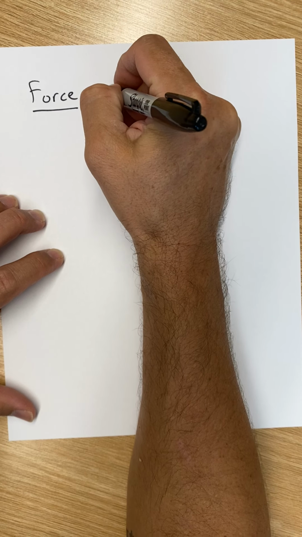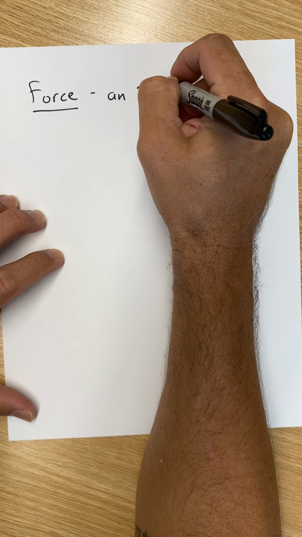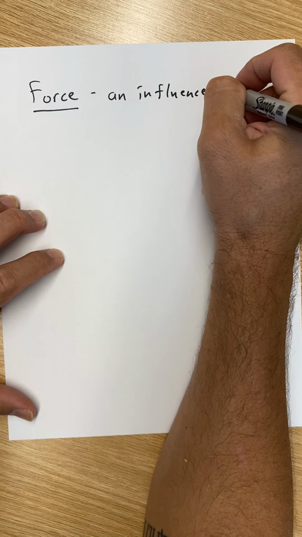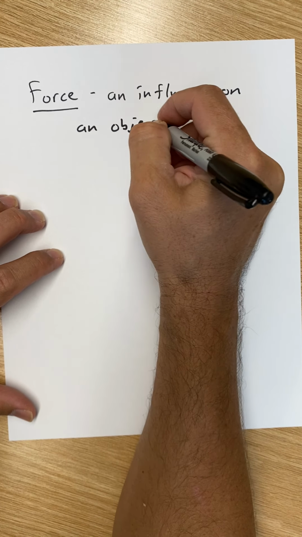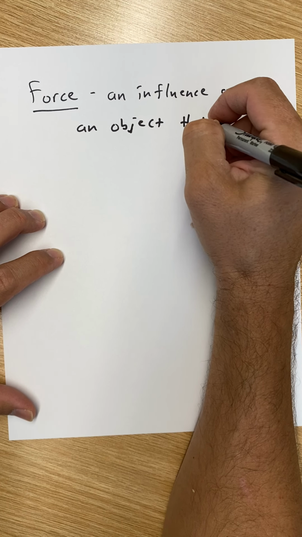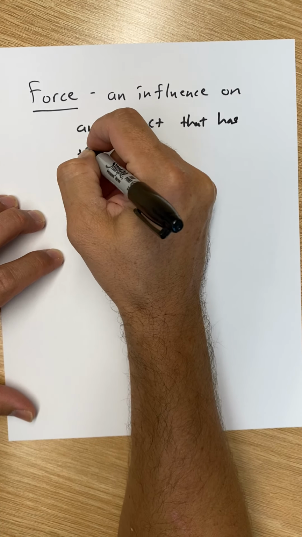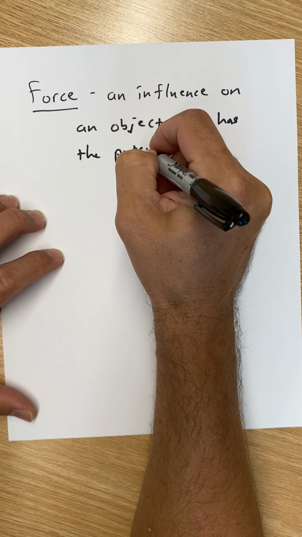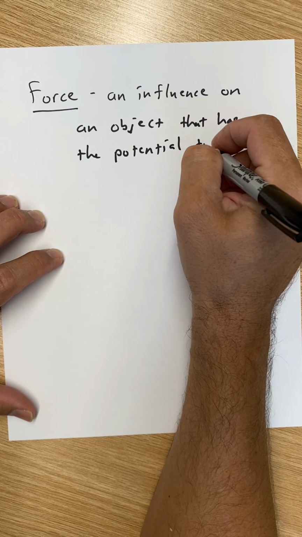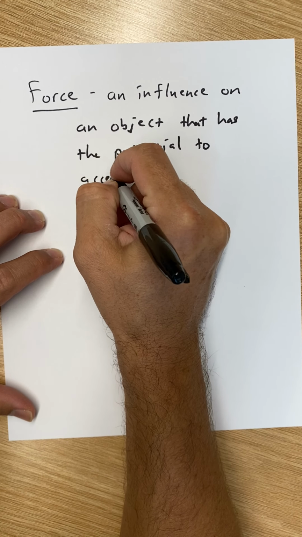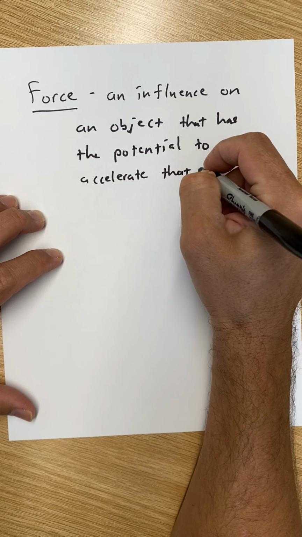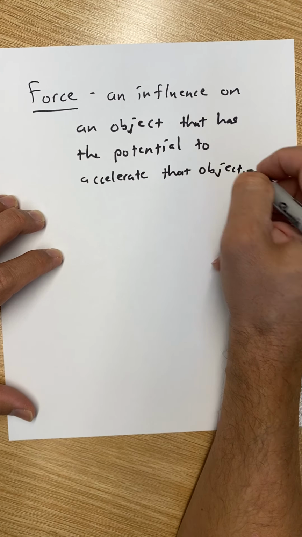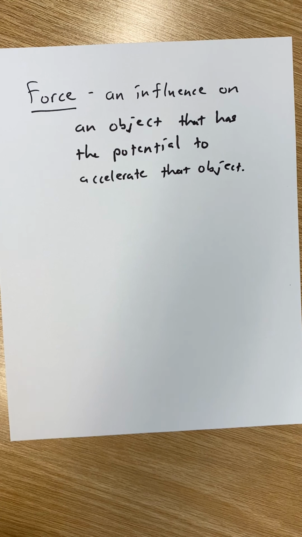A force, you can think of it as an influence on an object that has the potential to accelerate that object. In other words, it has the potential to change what that object is doing.